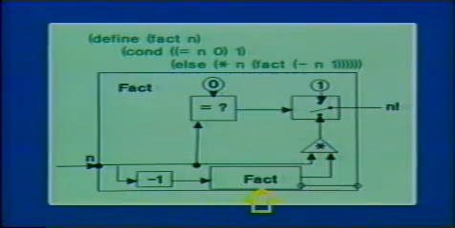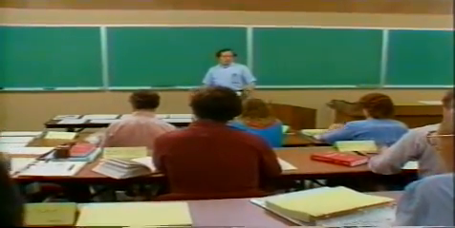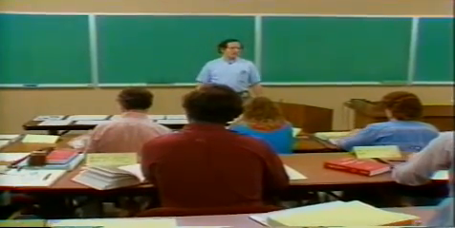Well, I'm computing factorial of n minus 1 and multiplying that by n, and in the case that it's not 0, the switch makes the output come from there. Of course, this is a machine with a potentially infinite number of parts because factorial occurs within factorial, so we don't know how deep it has to be. But that's basically what our notation for programs really means to us at this point.